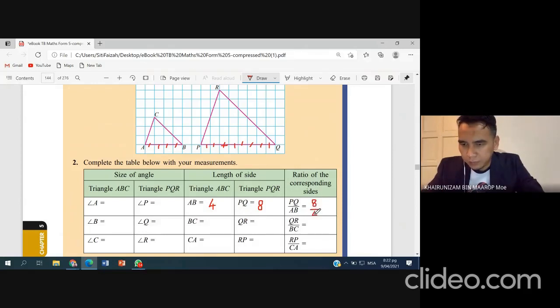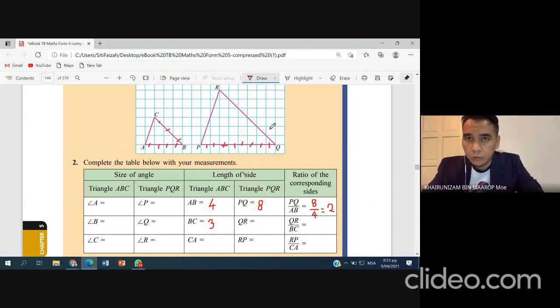So we get 2, isn't it? And we try another side. For side BC, we can count 1, 2, 3. So we get 3 units of side BC.